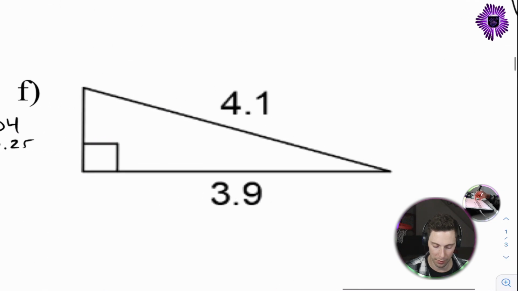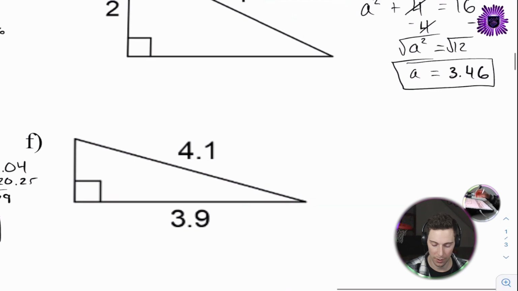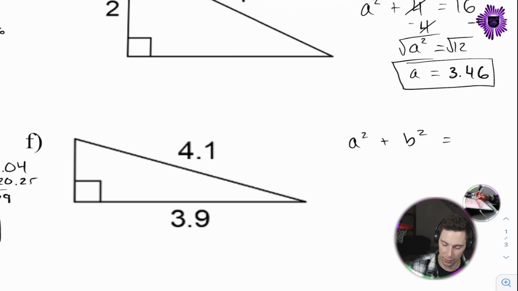3F, 3.9, 4.1. Okay, same technique. A squared plus B squared is equal to C squared. Let's leave A squared as a variable, plus 3.9 squared is equal to 4.1 squared.